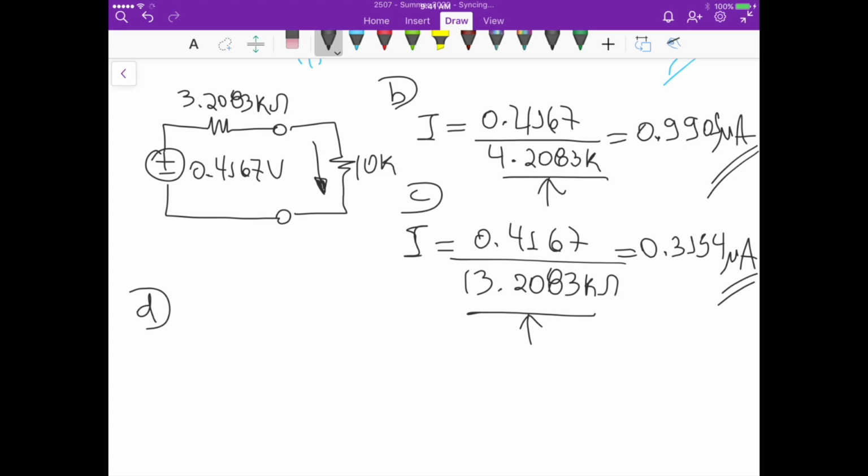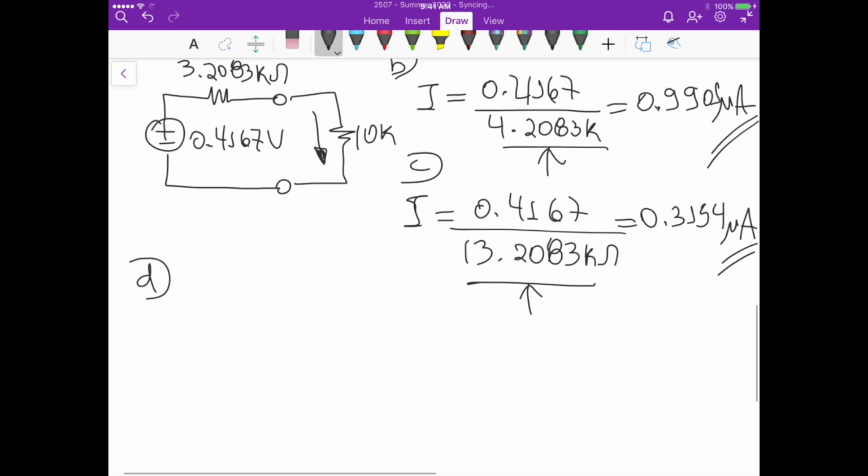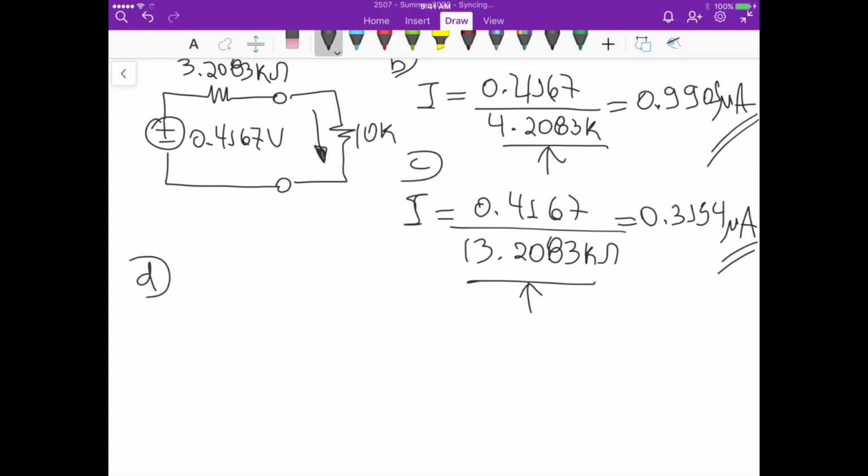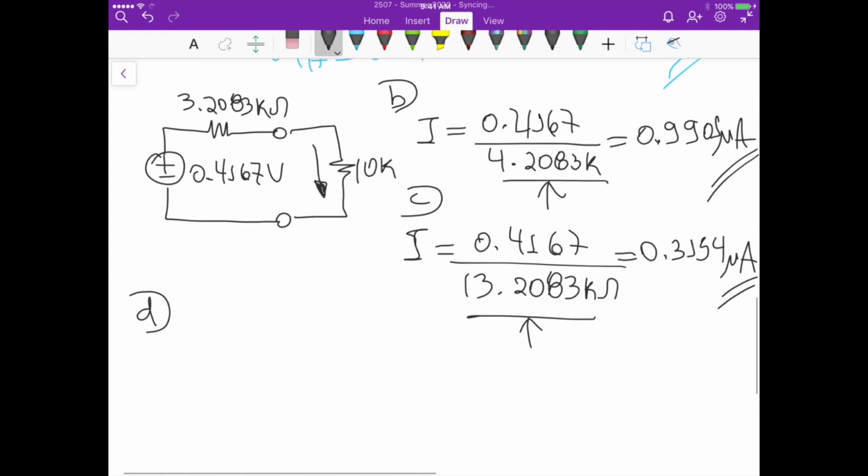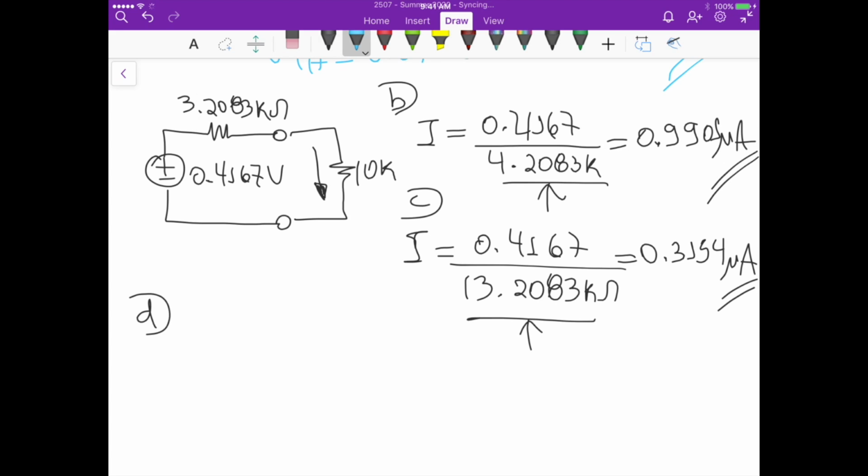And another advantage is that if you remember from the maximum power transfer theorem, we know that if we have a configuration like this one here from the Thevenin's equivalent circuit, for circuits that have only resistors, the maximum transfer of power to the load will occur when this load has the same resistance as the Thevenin resistance.